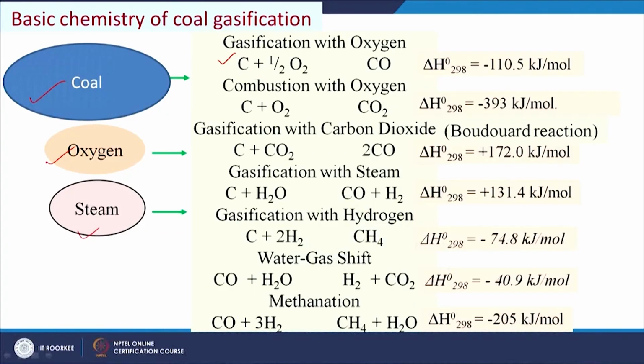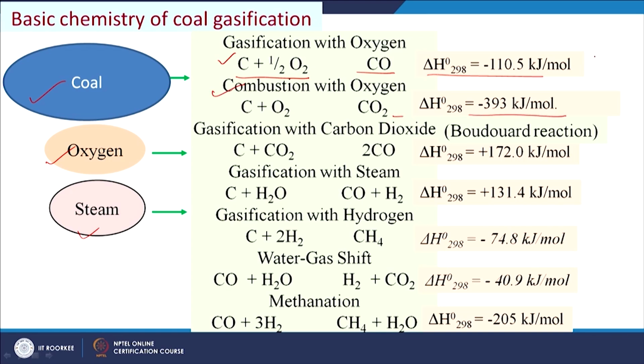So, the first reaction, carbon plus half O2, a controlled amount of oxygen, gives CO. We term it gasification with oxygen. The heating value is minus 0.5 kilojoule per mole. Combustion with oxygen can take place, C plus O2 gives CO2. So, this is again an exothermic reaction.